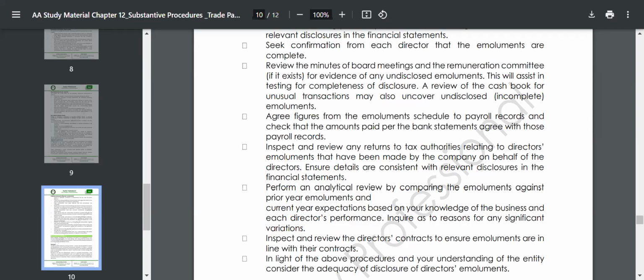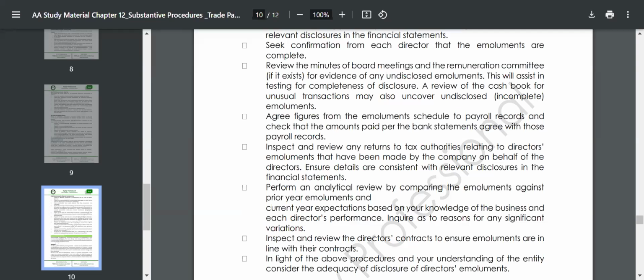So you perform an analytical review by comparing the emolument against the prior year emolument. What we're saying is that you compare the payment of the previous year with the current year, and based on the knowledge of the business and directors' performance, you can inquire as to the reason for significant variation.